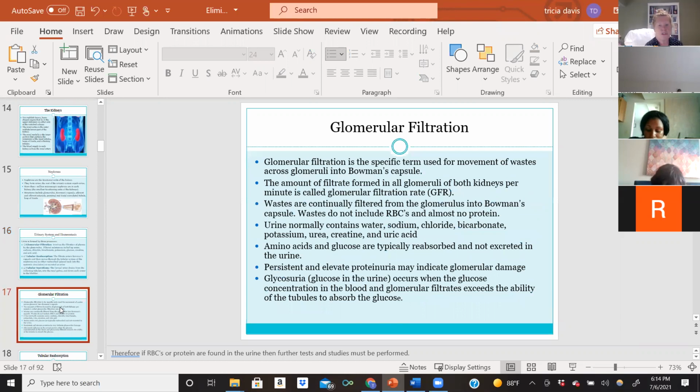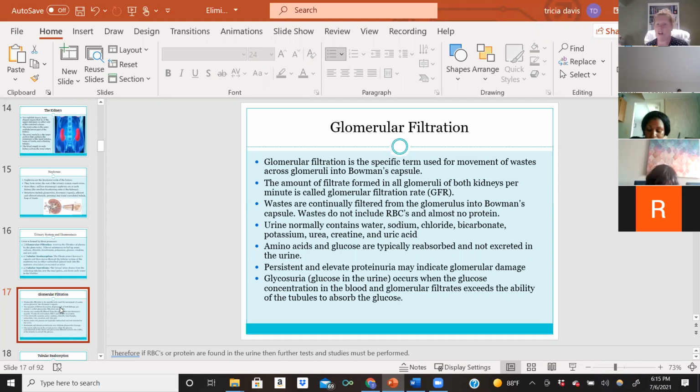So glomerular filtration is a specific term that we use to talk about the movement of wastes across the glomeruli into that Bowman's capsule. The amount of filtrate formed in all glomeruli of both kidneys per minute is what we call the GFR, which is our glomerular filtration rate.